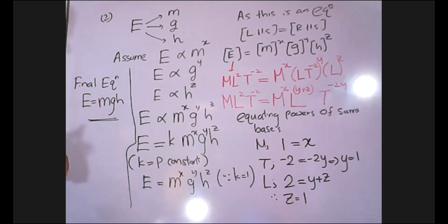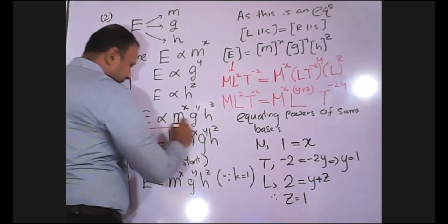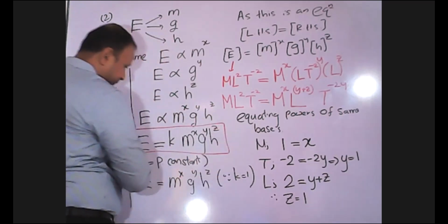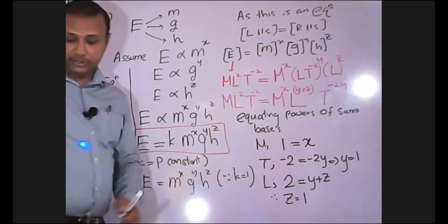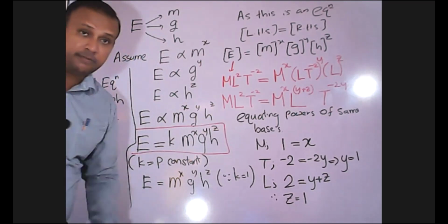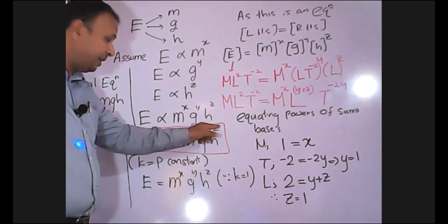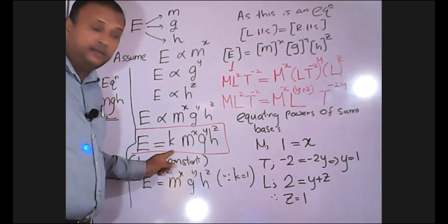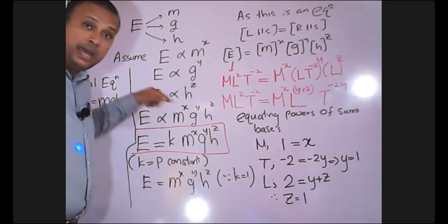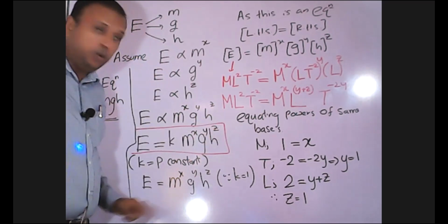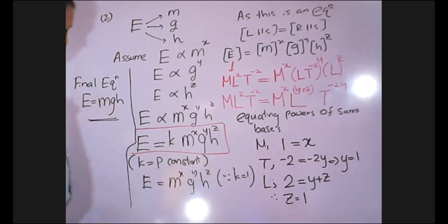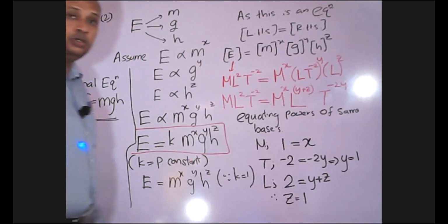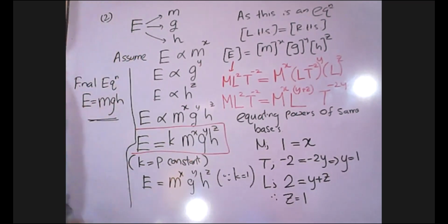This is the equation I have assumed. After I assume that equation, I have determined the value of x, y, and z. The value of k is given. So I have substituted those values to the assumed equation. Then I will have the actual equation.